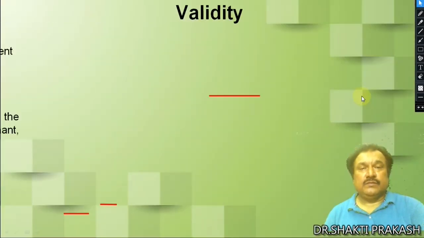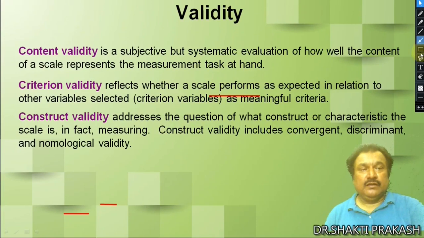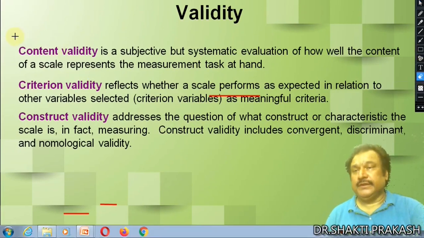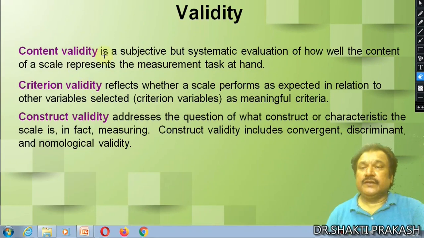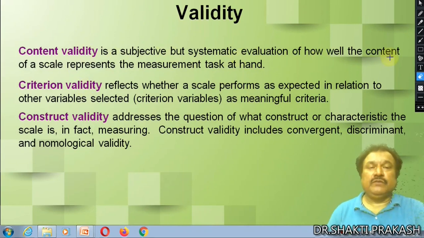In the next slide we will discuss a recap of the whole study on validity. Content validity is the subjective but systematic evaluation of how well the content of the scales represents the measurement task at hand. We have discussed it in detail in the previous slide.